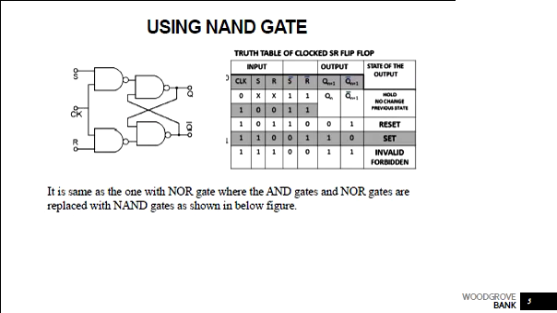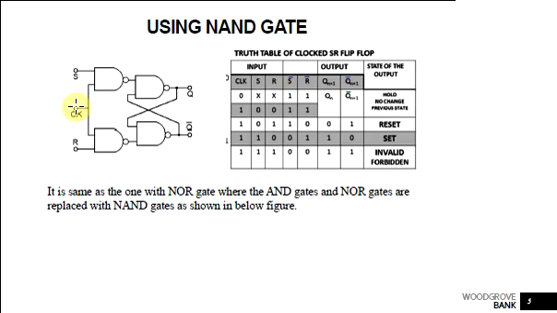This is the corresponding clocked RS flip-flop using NAND gates. In this case, instead of using AND gates and NOR gates, we use all NAND gates. We replace these two AND gates and these two NOR gates with NAND gates, so that again this will be active when the clock pulse is high.